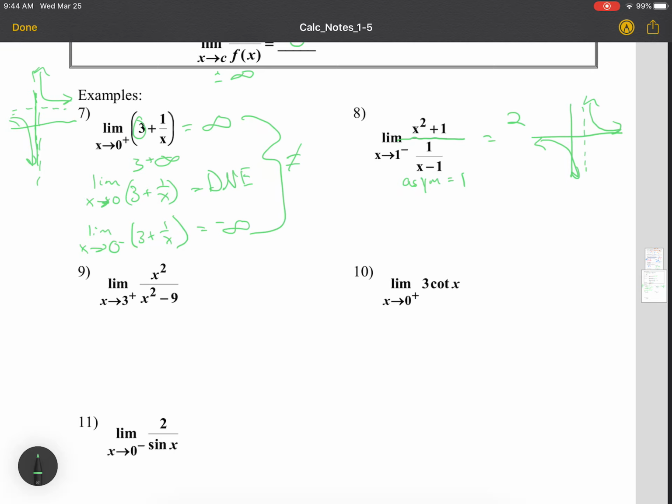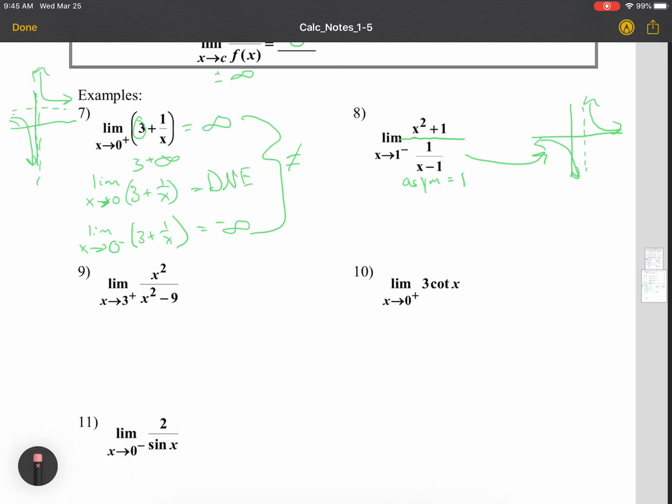Now when we look at the denominator, the 1 over x minus 1, and we approach it from the negative side, because this graph right here is just the denominator. Understand that. So when we're looking at just that denominator graph, and we're approaching it from the negative side, it goes to negative infinity.